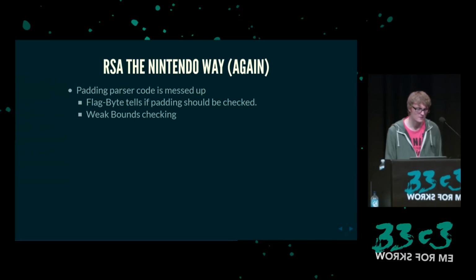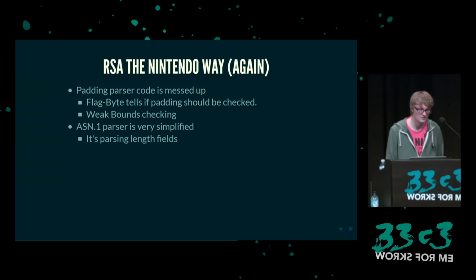The next thing they do is parse this really complicated ASN1 structure, and this parser is also really simplified. We know ASN1 has some length fields, and there's no bounds checking. So eventually it will add the length to the current pointer in the signature.